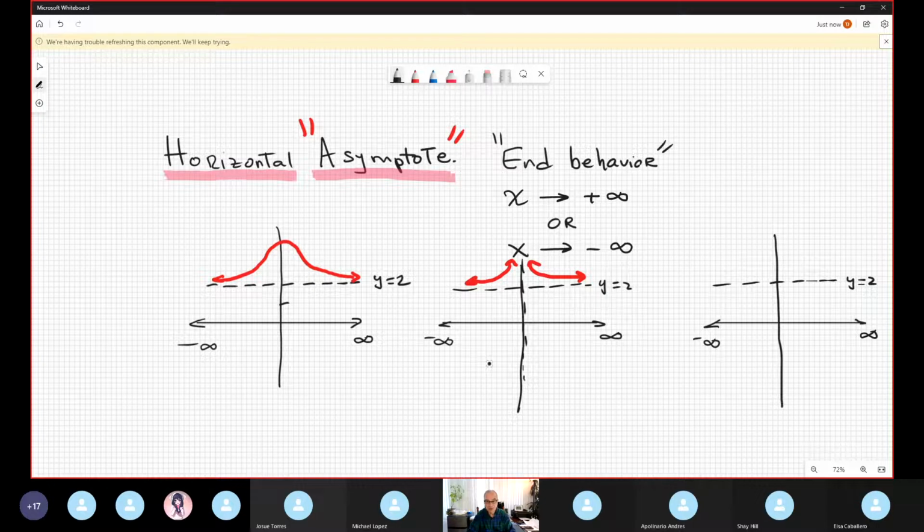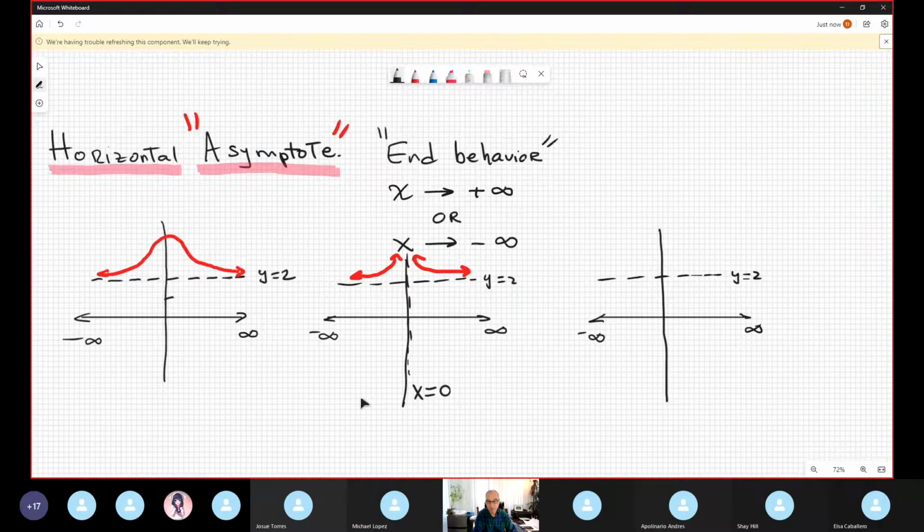So we have a vertical asymptote at 0, or depending on the problem, maybe at one specific value. And one possibility that doesn't happen frequently, but sometimes happens, is that we have a curve like that.